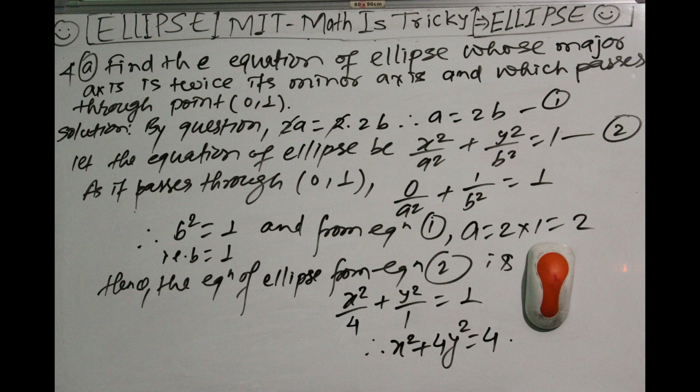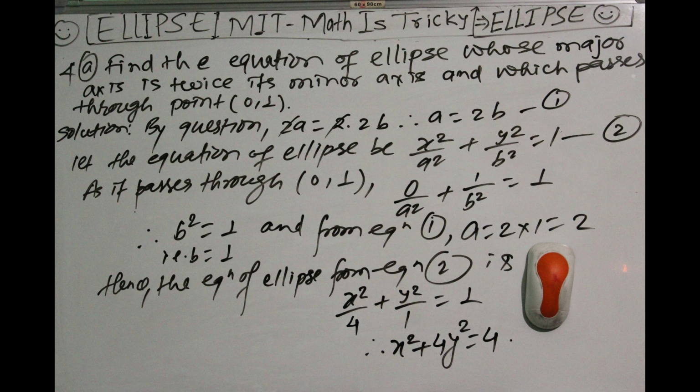Now let the equation of the ellipse be x square by a square plus y square by b square equals 1. Let it be equation 2, and a equals 2b as equation 1. As the ellipse passes through (0, 1), we put x equals 0 and y equals 1 in equation 2, so we get b square equals 1. Putting b square equals 1 in equation 1, we get a equals 2.